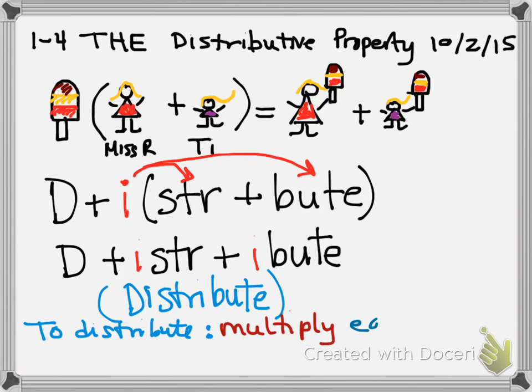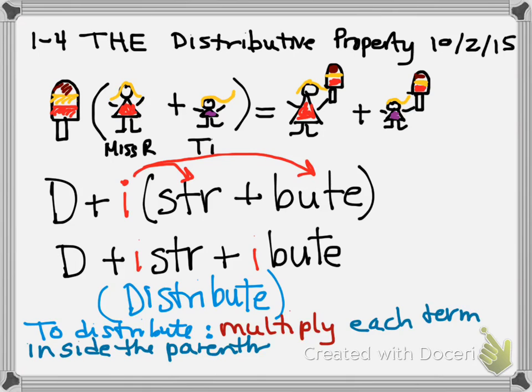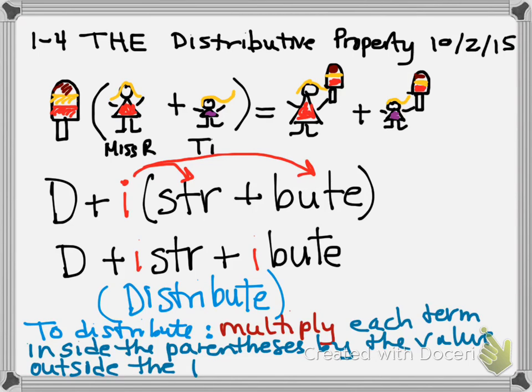Everything's not very good. Each term inside the parentheses by the value outside the parentheses. Okay? So that's what distributing is. Take what's outside the parentheses and multiply it by what's inside the parentheses.